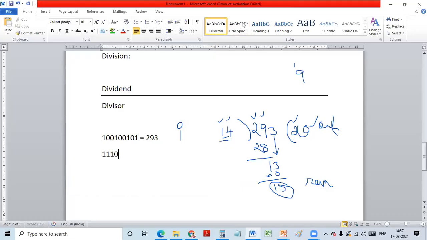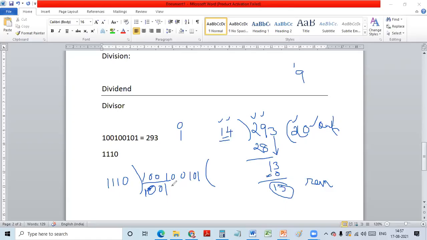So how can we perform the division in binary? 100100101 is the dividend, and the divisor has 4 digits, so here also we will consider the first 4 digits. The first 4 digits are 9, which is lesser than 14, the divisor.